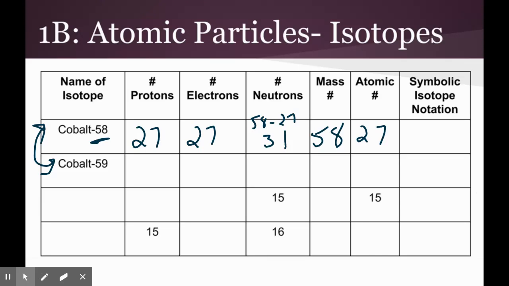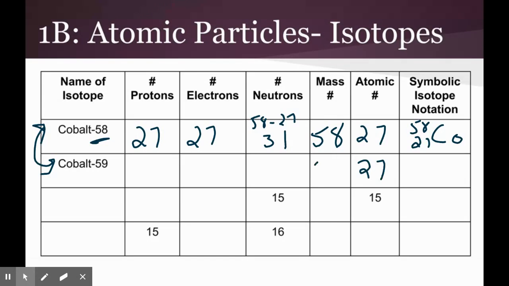The symbol for cobalt is Co. So we're going to put the atomic number, 27, on the bottom, and the mass number, 58, on the top. So now, let's complete the line for cobalt-59. So, cobalt is still the same element, which means it will still have the same atomic number of 27.